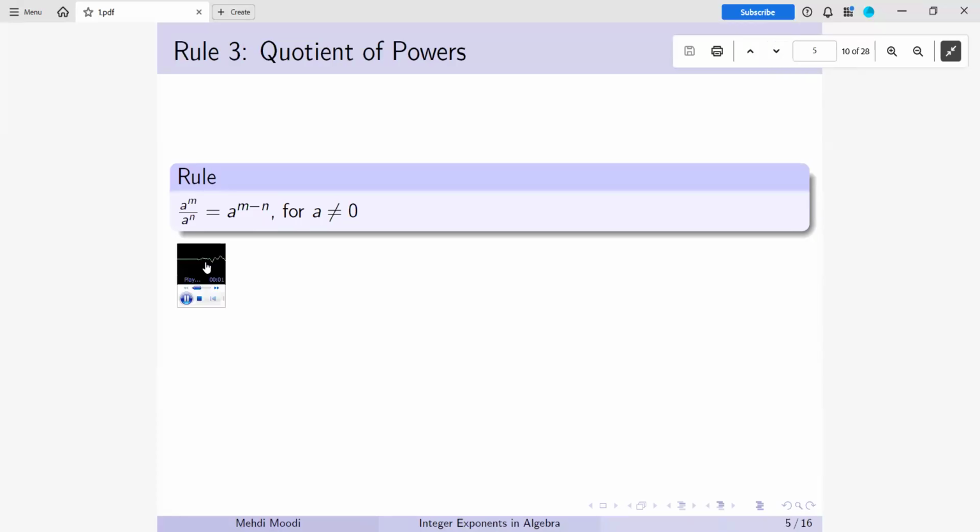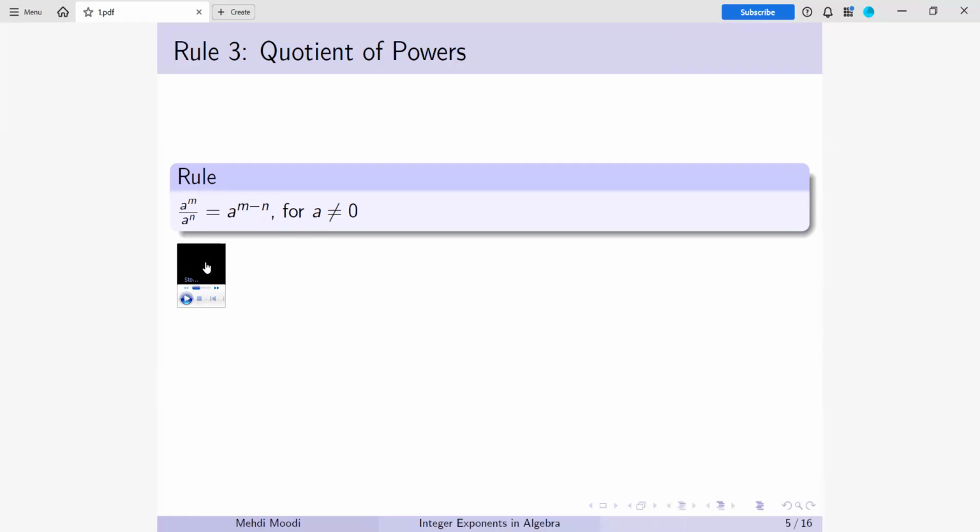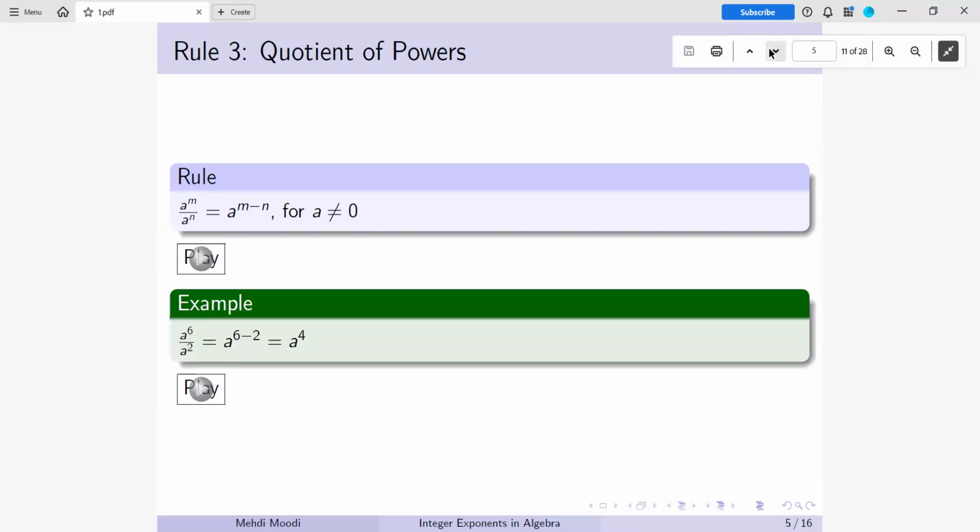When dividing exponents with the same base, we subtract the exponents. If the product rule is about teamwork, the quotient rule is about sibling rivalry. So a to the sixth over a squared equals a to the fourth.